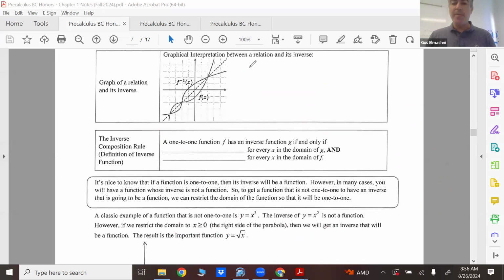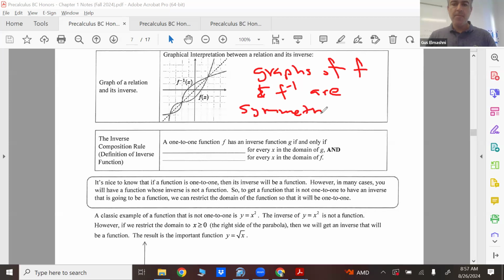But anyway, here's what I do know. The graphs of f and inverse of f are symmetric about y equals x.